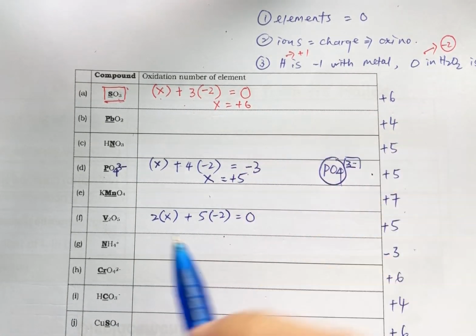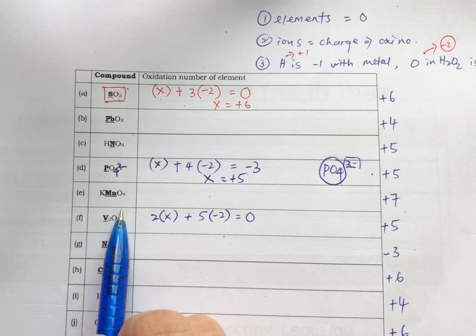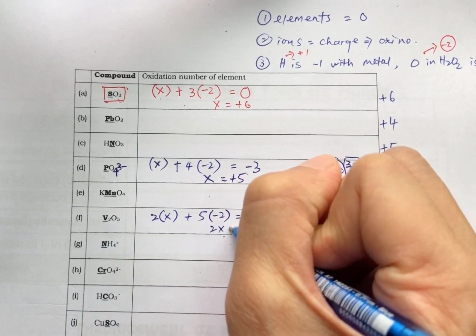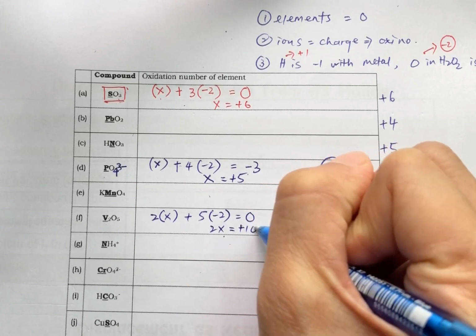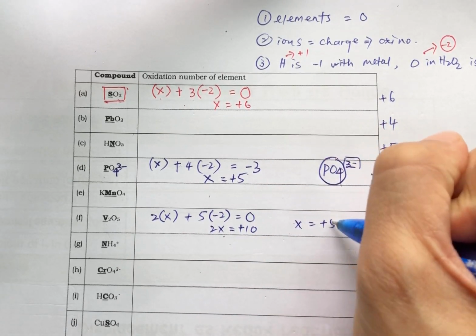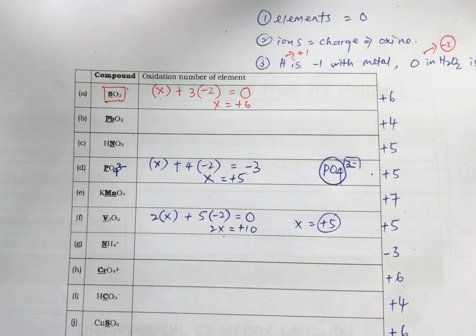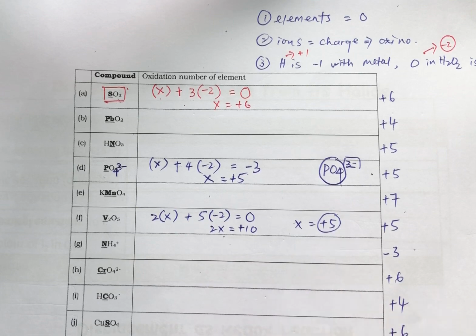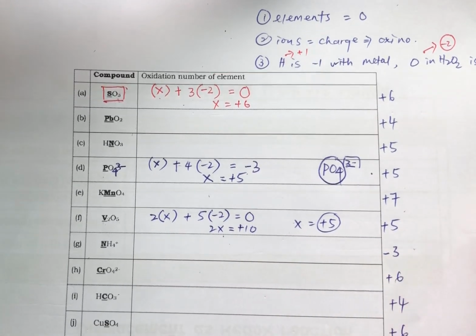Equals to 0 because this time round I do not see anything on top. Solve this and you should get 2X equals plus 10, so X equals plus 5. So each V oxidation number is plus 5. That's how things work.